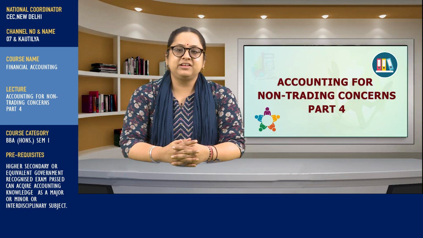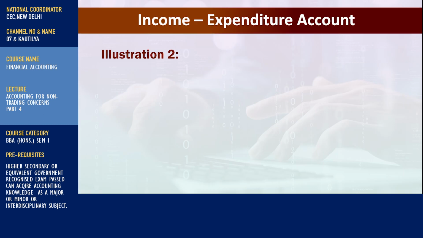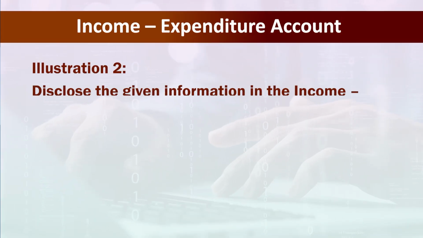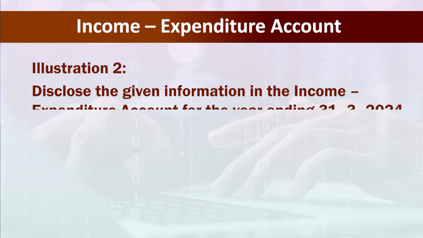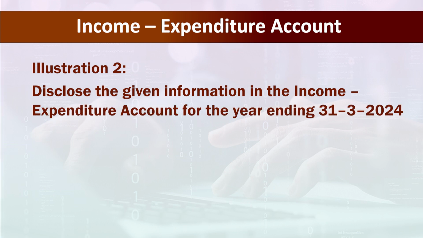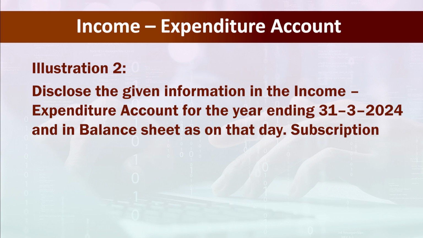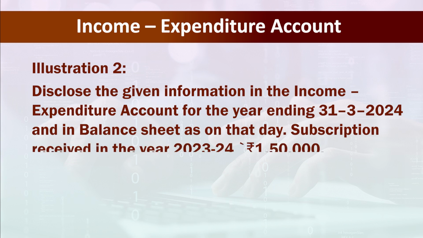Let us see second illustration where partial information is provided for subscription income, which is to be disclosed in income expenditure account. Illustration 2. Disclose the given information in the income expenditure account for the year ending 31/3/2024 in the balance sheet as on that day.